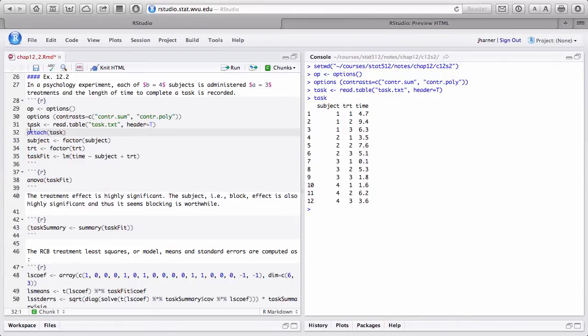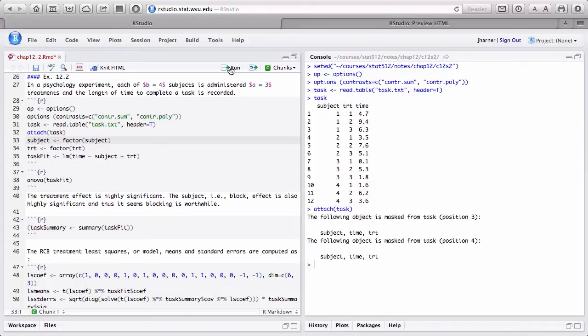And then let's attach task, so I can just use the names directly. Notice that both subject and treatment are coded 1, 2, 3, 4, and 1, 2, 3, respectively. R is going to think they're continuous variables, so I need to convert each one of those to a factor. So I'm going to say subject is factor of subject and treatment is factor of treatment. And then I'm going to fit a model.